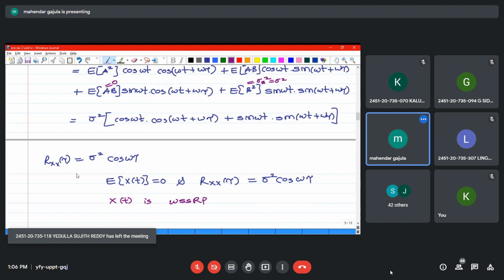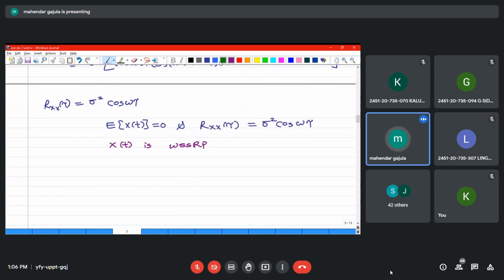So far we have checked whether xt is a wide sense stationary random process or not. Now let us check for yt. Let us find the mean of yt. What is the mean of yt? Expectation of yt, which is b cos omega t minus a sin omega t.